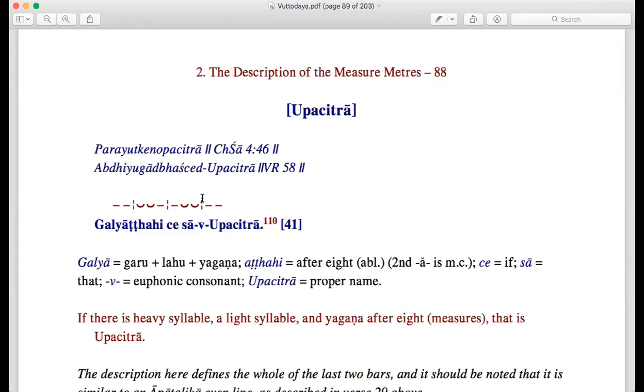So here this is an example for that exception. In this verse Yagana is used. So this is a proof that Yagana is also used in Matta Vutti. That rule is the most used rule, but it's not there in every verse, right?